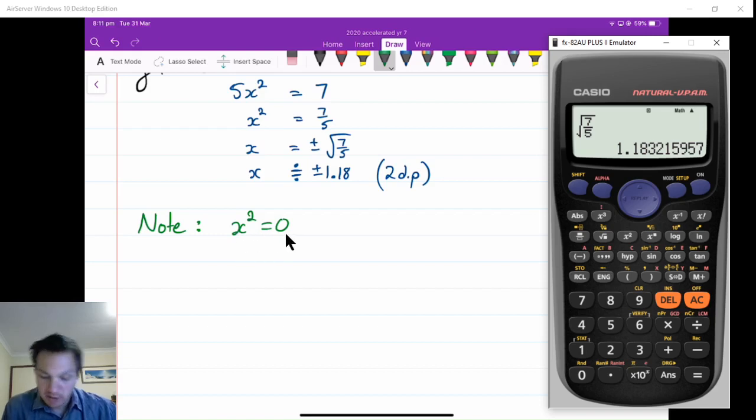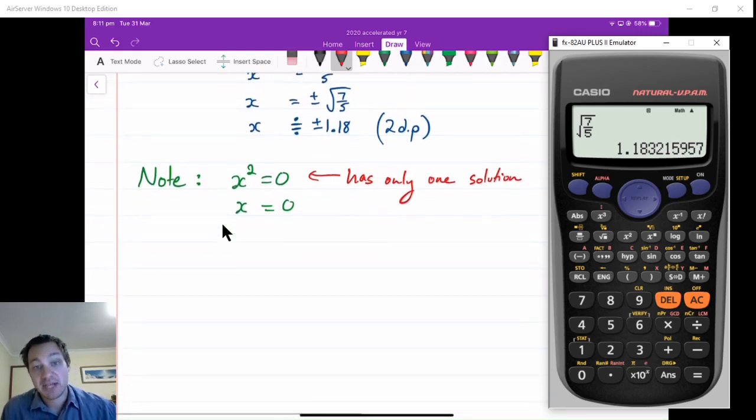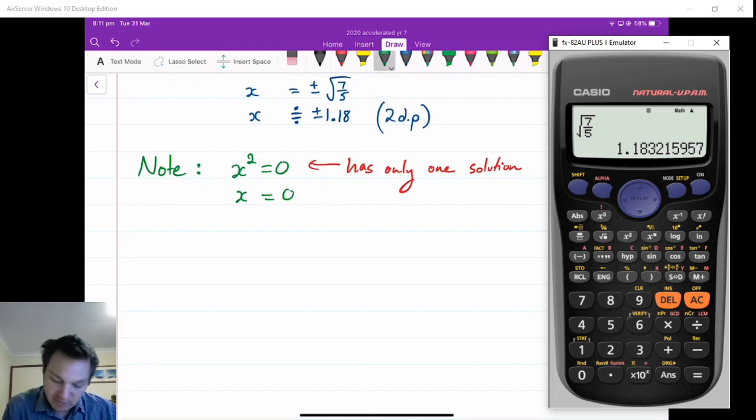So this is just x is 0, because it would be plus or minus the square root of 0, which is nothing. So this one has only one solution when you've got x squared is equal to 0. The other thing to note is if you have x squared is equal to negative 4.